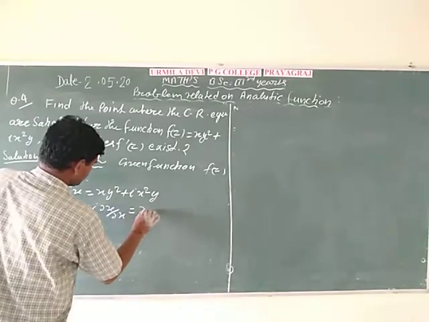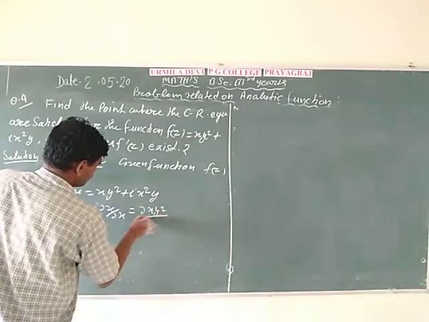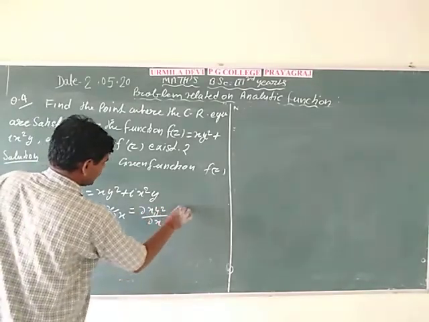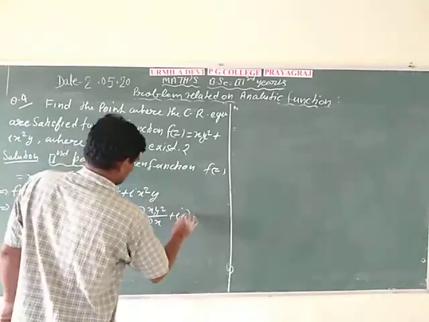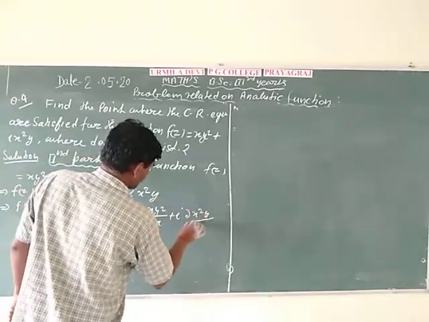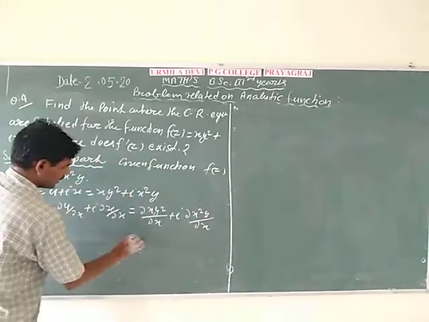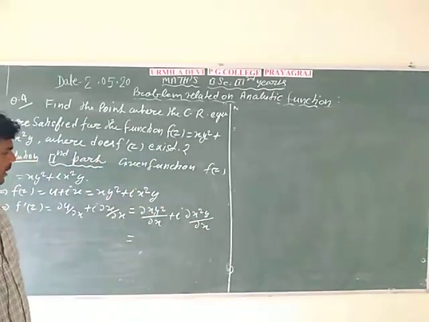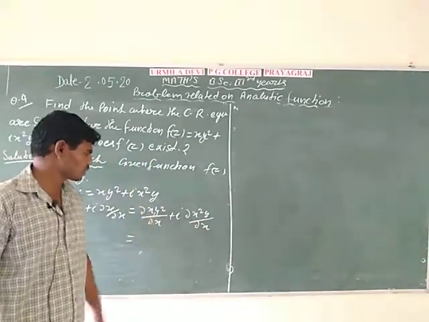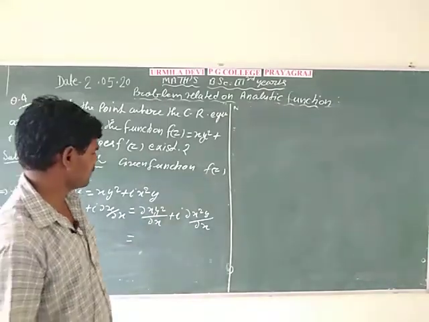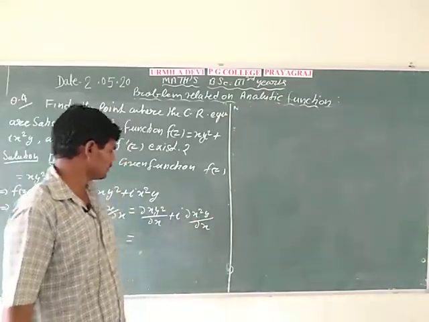So del of x y square by del x plus i times del of x square y by del x, which is the partial differentiation of x y square and of x square y with respect to x.